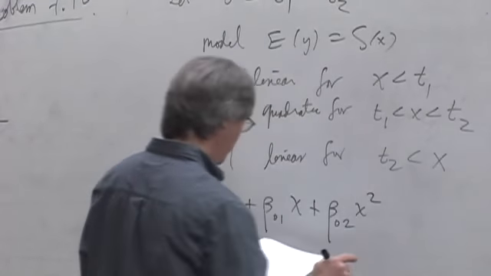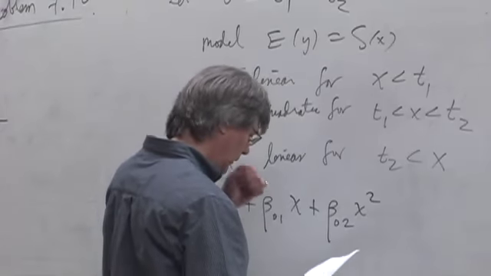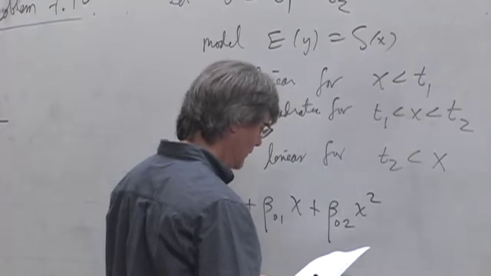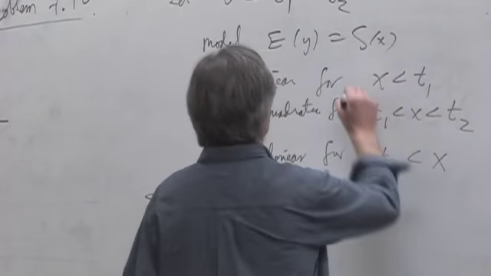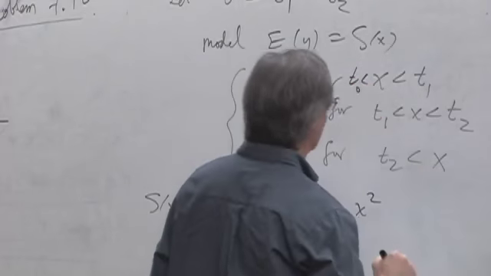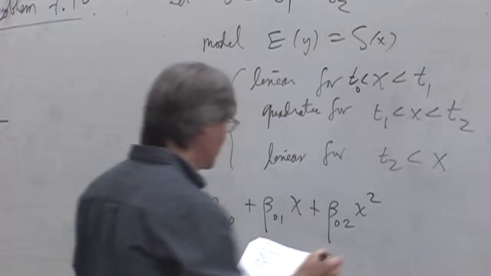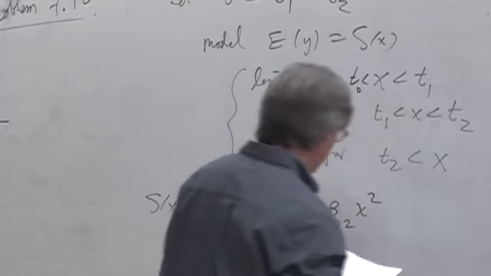That's for the first segment, yeah, I guess for T0 to T1. We could do it for T0 less than X, to make the notation a little bit more consistent. All right.